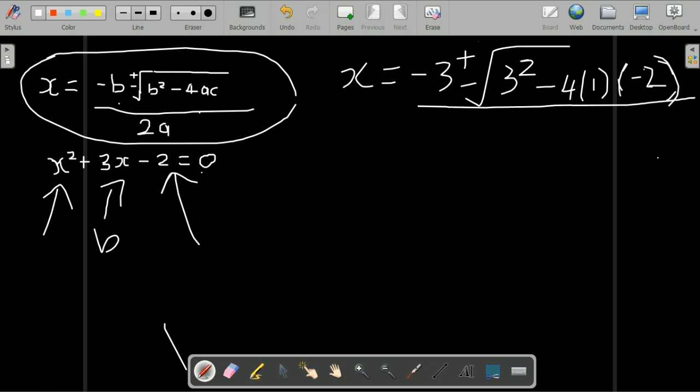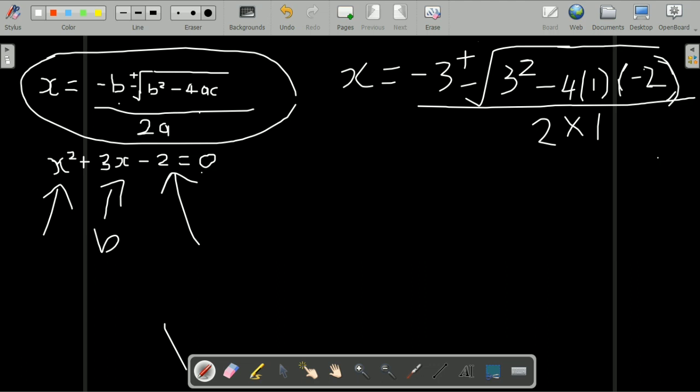So we go back to 2 multiplied by our a, the coefficient of x squared, which is a 1. You understand? So let's go solving each one by one.